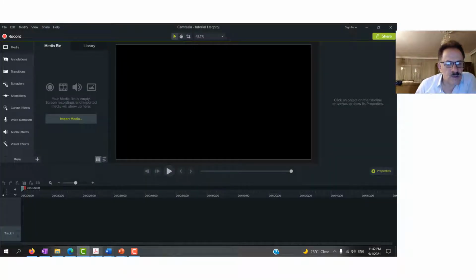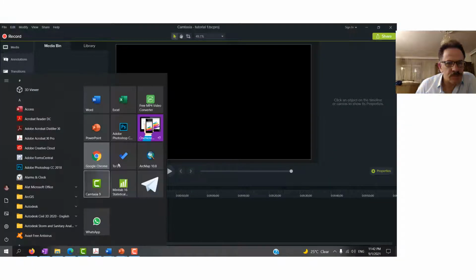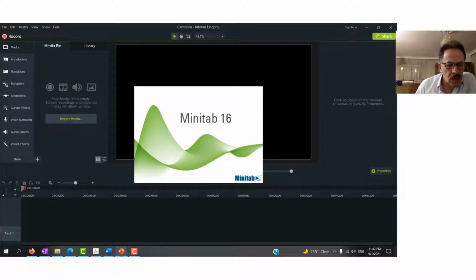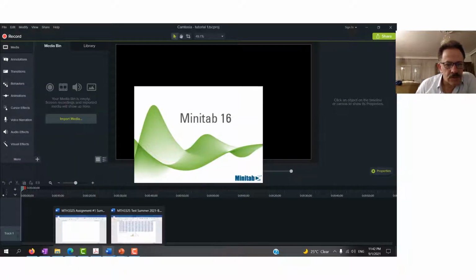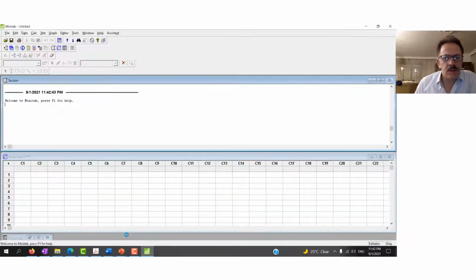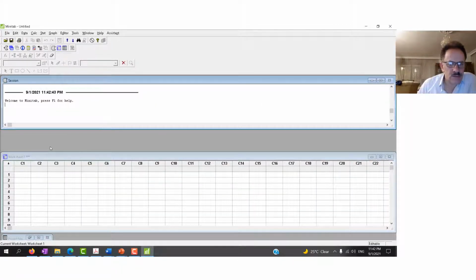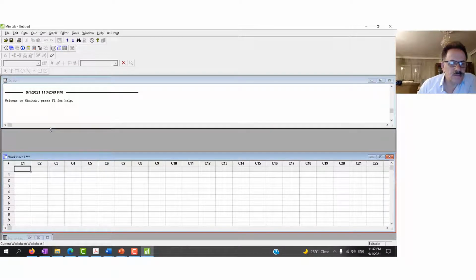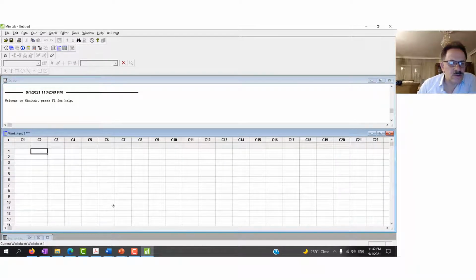First, we have to open Minitab, and here's Minitab. I'm using version 16. It doesn't matter if you have a newer version. So what should I do for this kind of raw data? Be aware that we are just going to enter the data in a specific column.